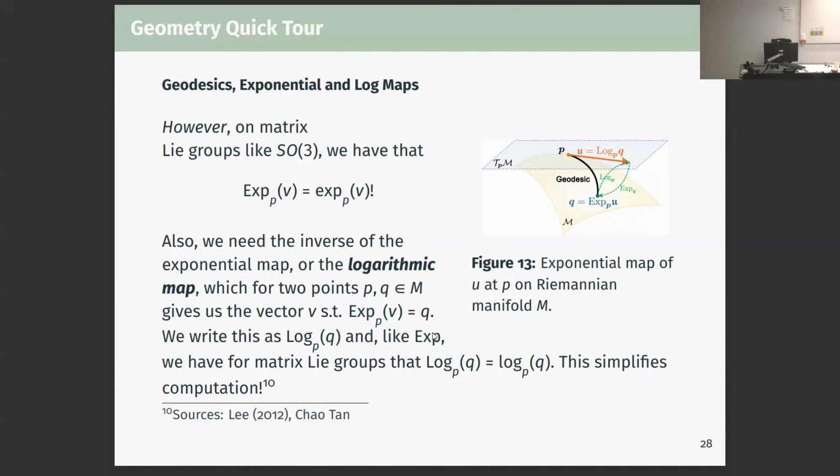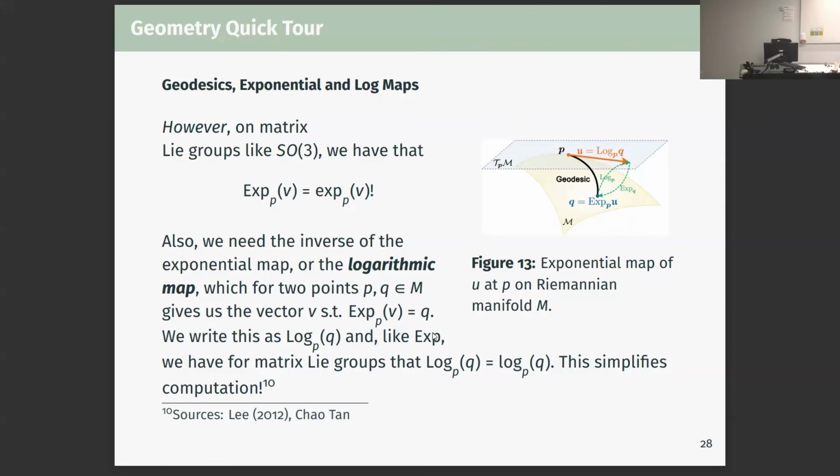So we take the vector space of rotation matrices that are the algebra of this Lie group, and then we exponentiate it down and we get back into the manifold.